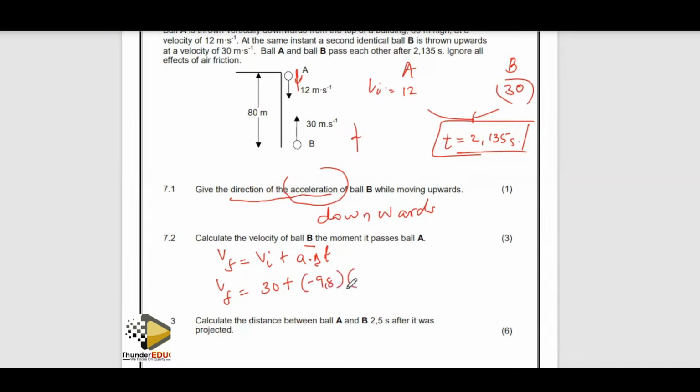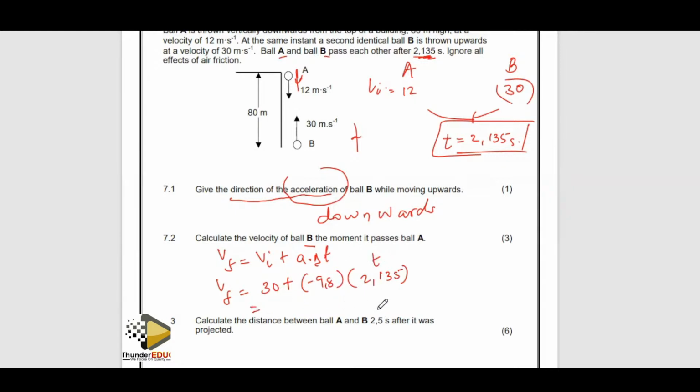And then what distance is traveled? We said ball A and B pass each other after 2.13. So I'm gonna multiply that by 2.13 because I know they're gonna pass each other after 2.13 seconds.